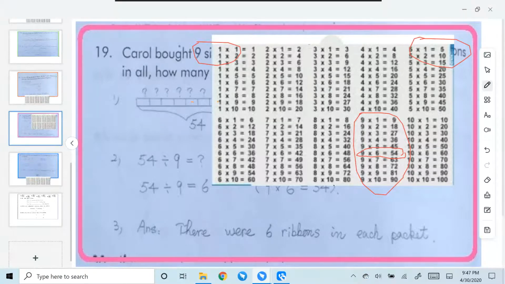But if you already remember 9 times 6 equals 54, you can fill in the answer. If you don't, you have to look for it like my way to do it. It takes much longer. The best way is just remember it. So this is how we do it for now. You go with the total amount, you go with the timetable and look for the answer. Then you fill in the gaps here.